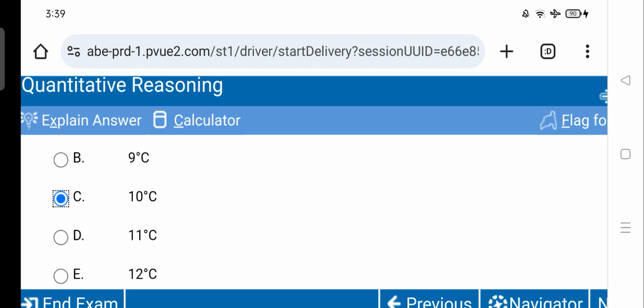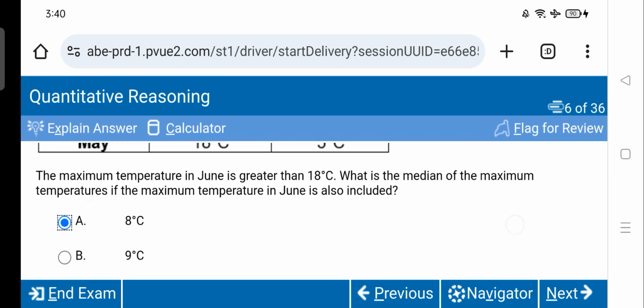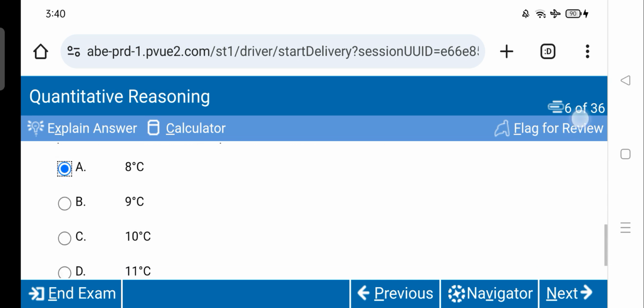Correct response is option C, which is 10 degrees centigrade. This is the median of the maximum temperature if the maximum temperature in June is also included.